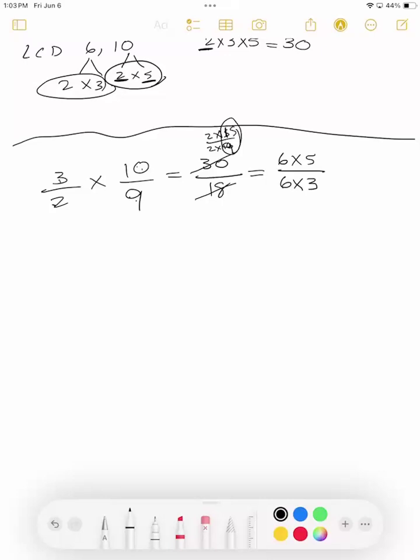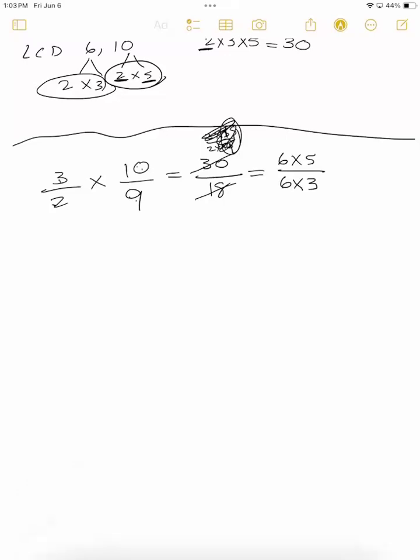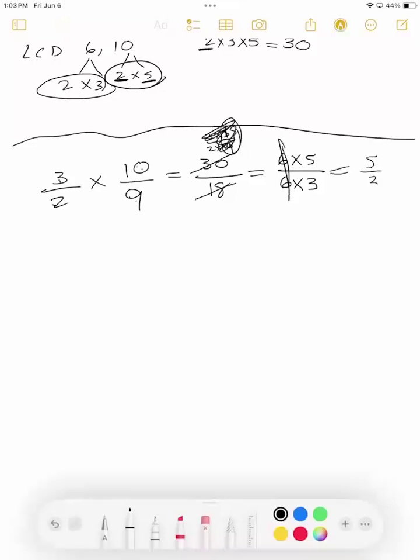But I said, okay, they're divisible by 2, they're divisible by 3. Since they're both divisible by 2 and 3, they're both divisible by 6. So instead of leaving 30 as 2 and 15, I wrote it as 6 and 5, 18 as 6 and 3. 6 and 6 are the same. I get 5 over 3.